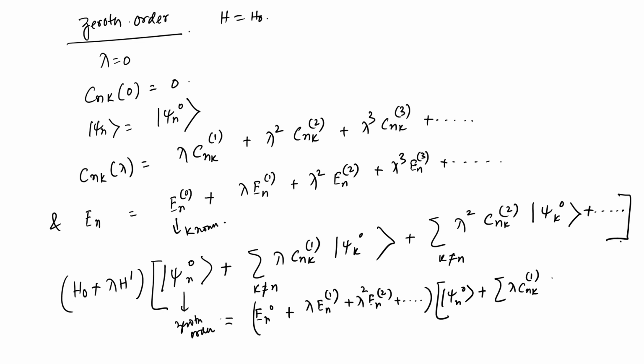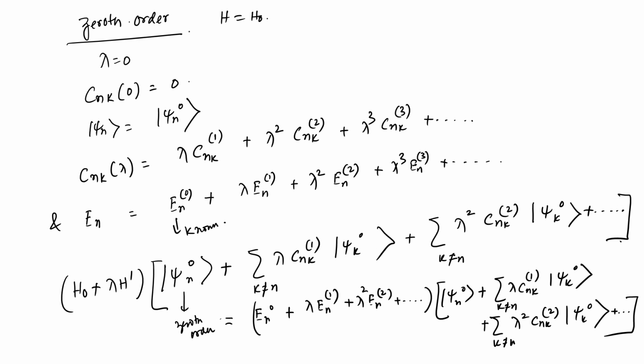So that this unperturbed problem appears distinct. So, this is psi k 0, and then we have a k not equal to n again, k not equal to n here, lambda square C n k 2, and we have a psi k 0 and so on. Okay. Now, you have terms which are proportional to lambda square and so on both sides, and lambda is a small parameter.